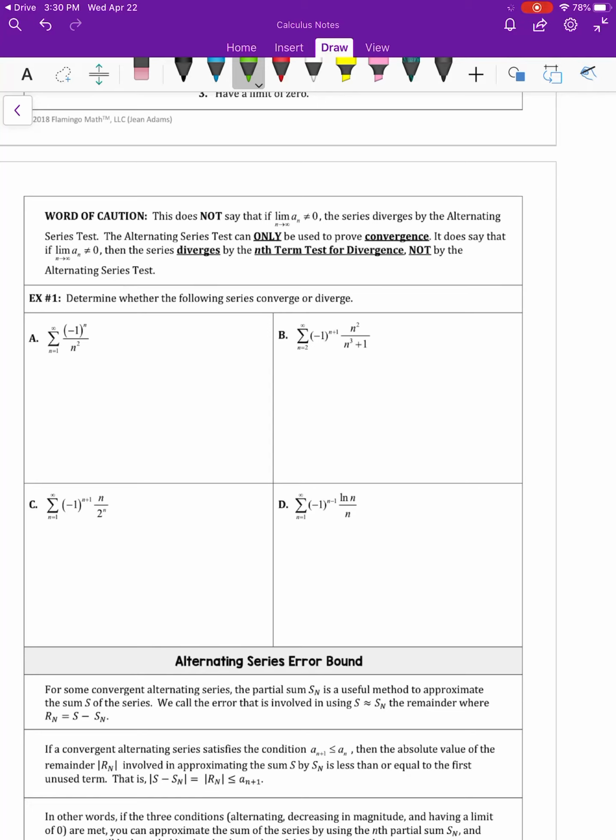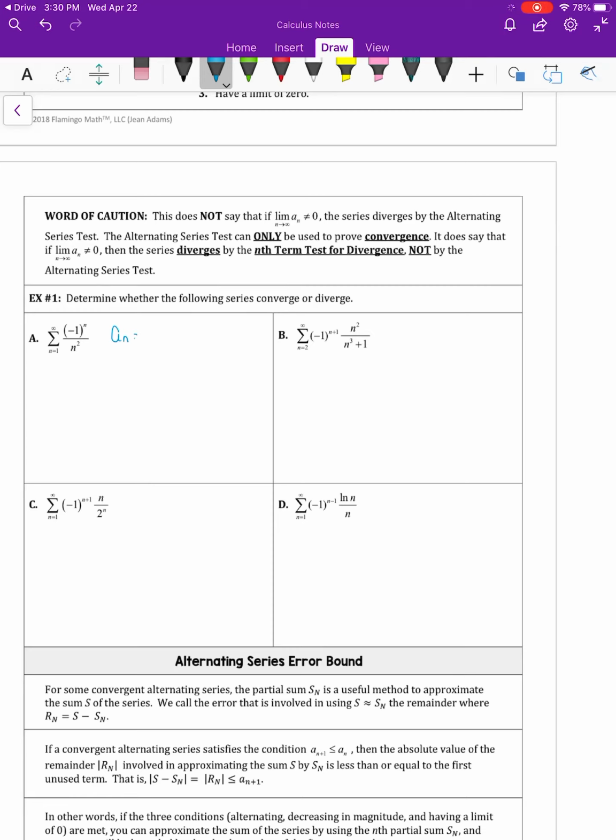Okay? So you can only prove convergence with the alternating series test. If you want to prove divergence, it would have to be by the nth term test for divergence. That would not be the alternating series test.